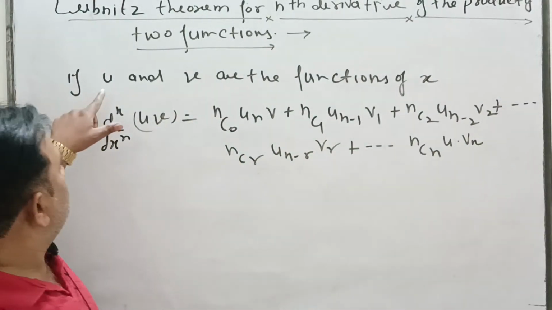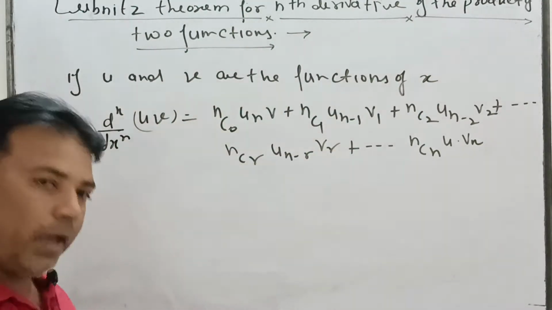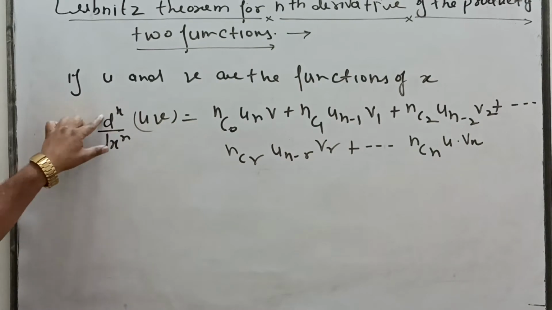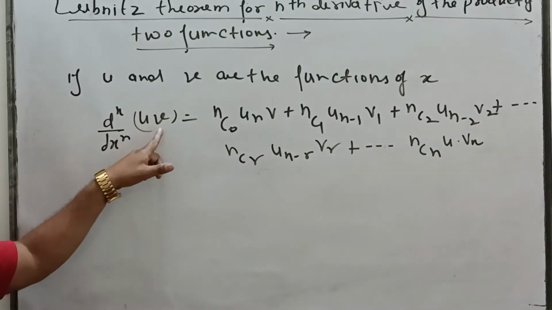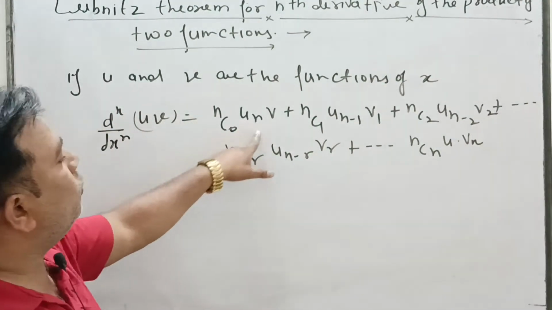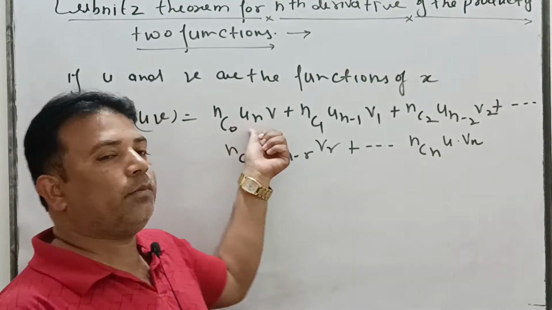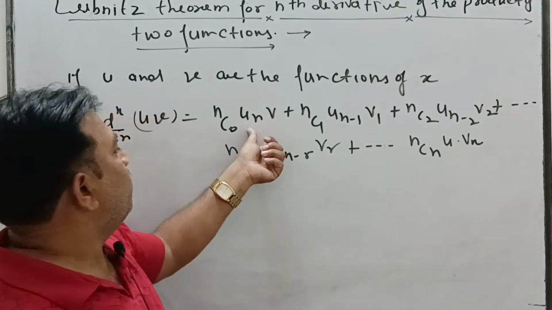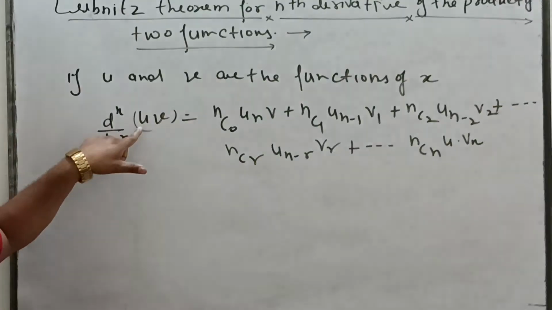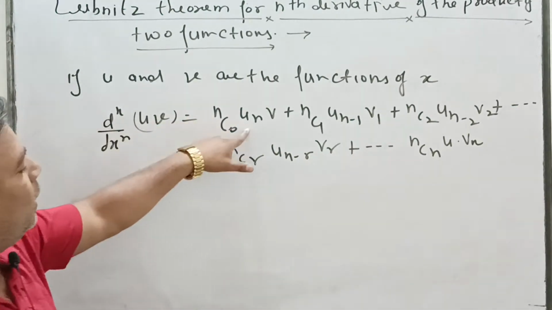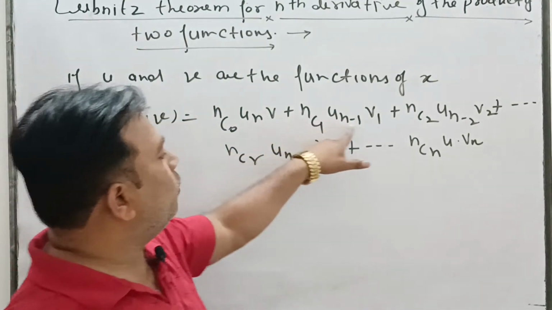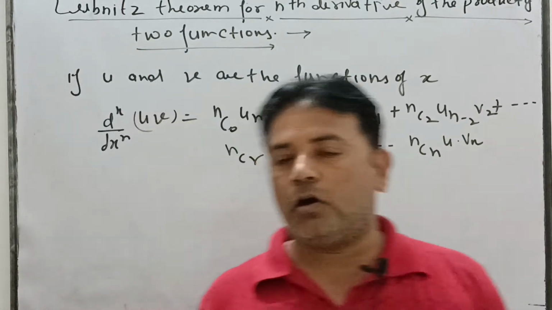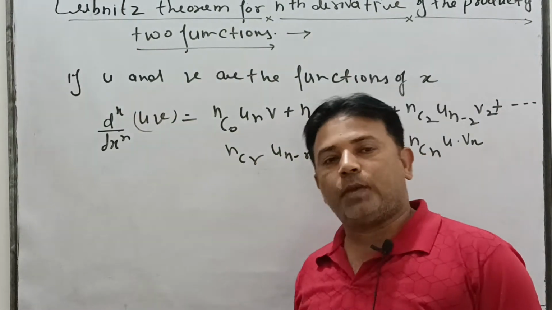Here u and v are functions of x. First we find the nth derivative of one of the given functions, so we find the nth derivative of u, then u_n v plus nC1 u_(n-1) v1. v1 is the differentiation of the second function with respect to x.